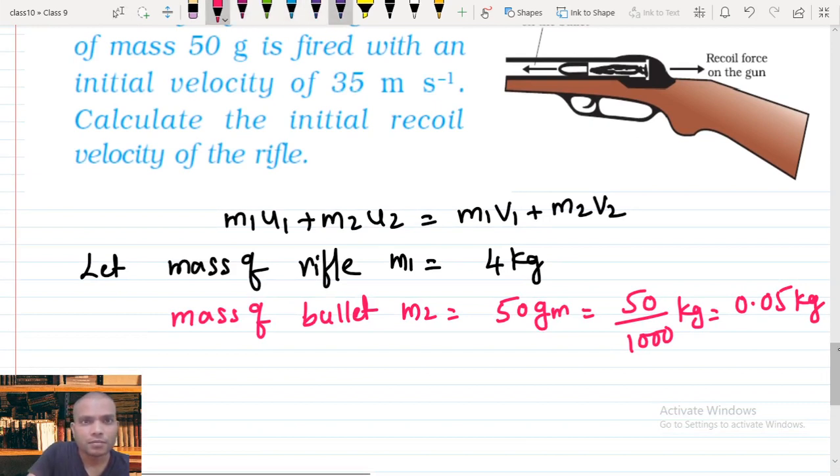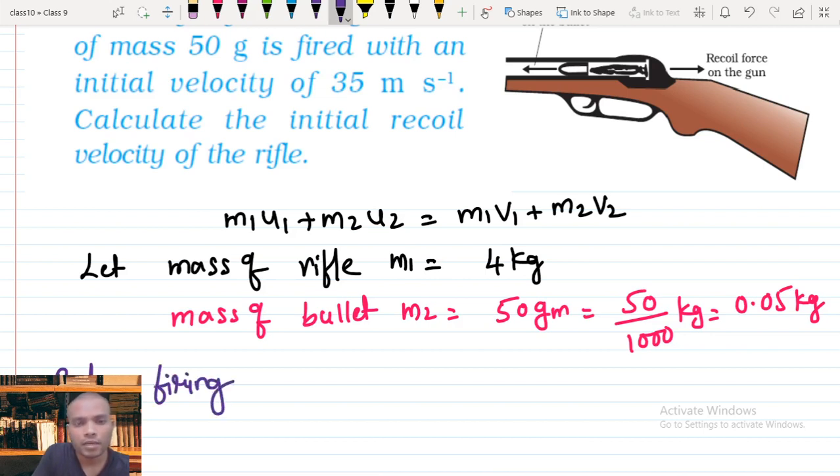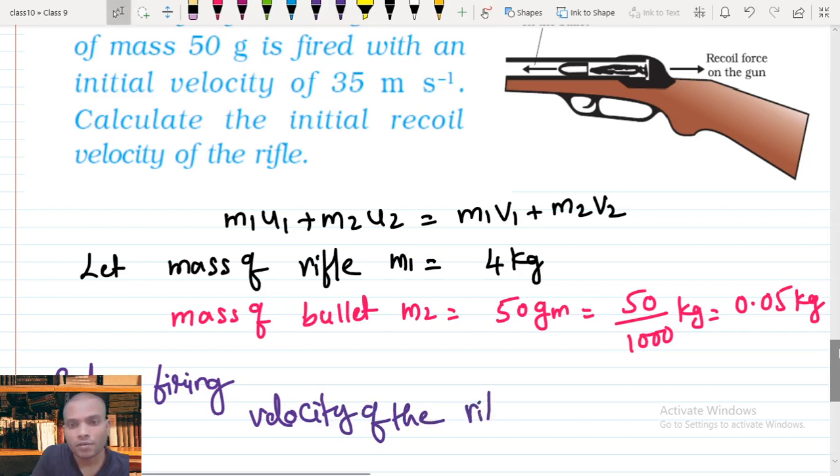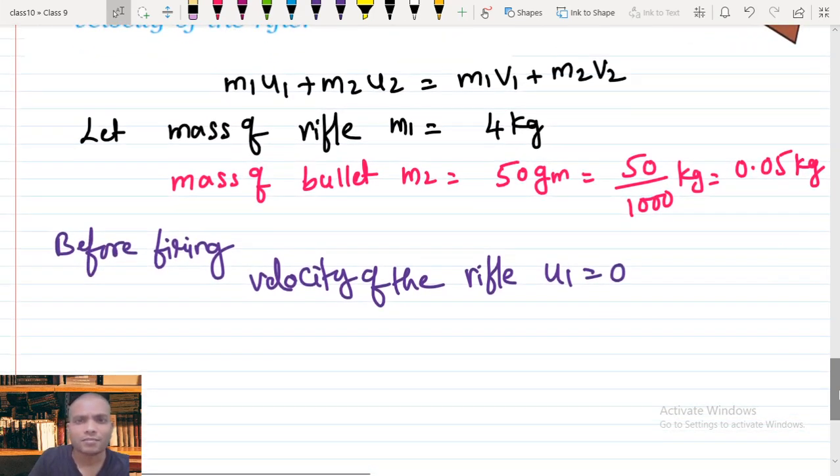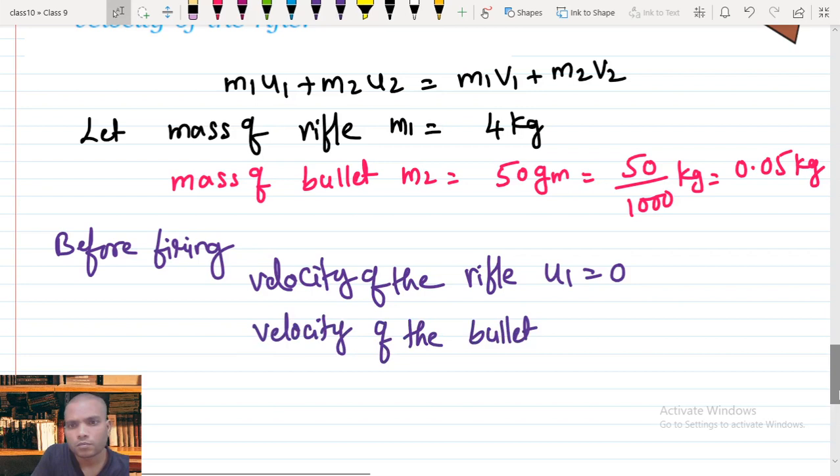And before firing, the velocity of the rifle. So let me take that u1 equal to 0, because the bullet is not fired, so there is no recoil force. Similarly, the velocity of the bullet, u2, that also goes to 0.